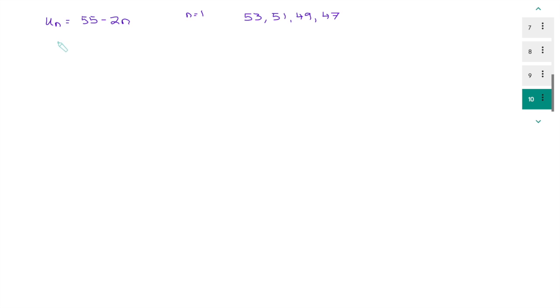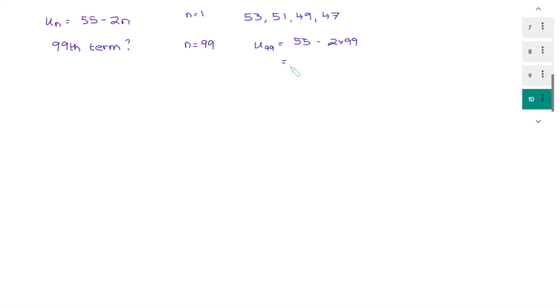So then it says, what's the 99th term? Okay, it wants us to find the 99th term. So what do we do? We simply have to put n equals 99 in here. So u n, or u 99, the 99th term, is 55 minus 2 times 99.